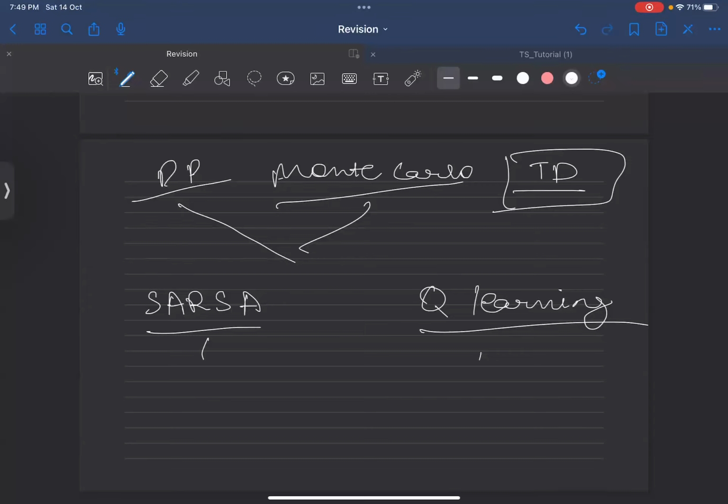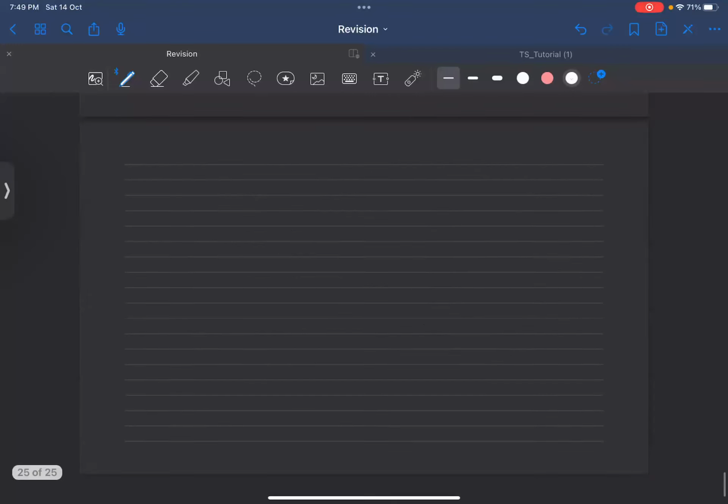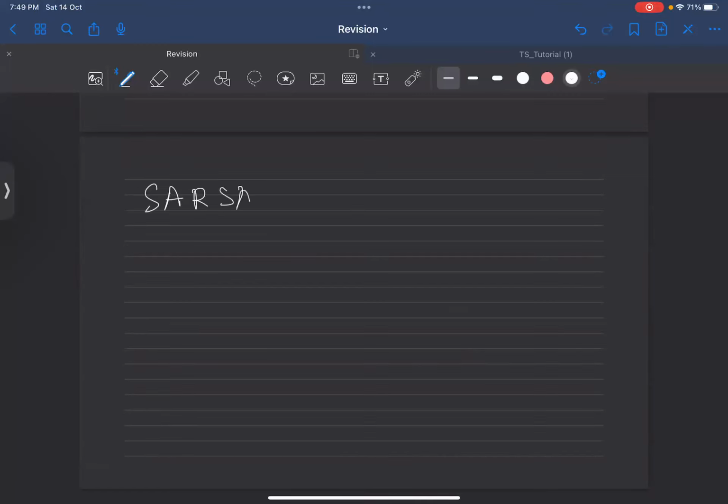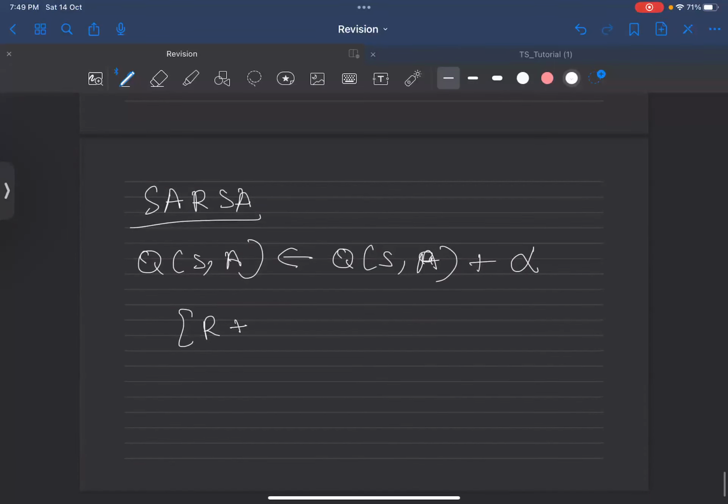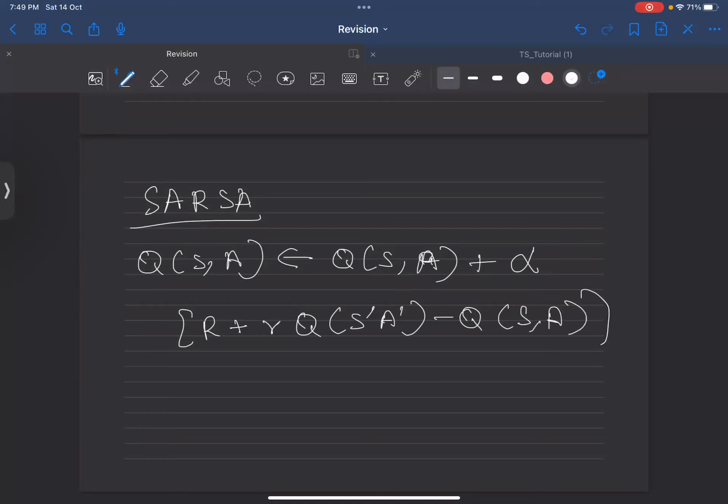I'll tell you. Okay, let's go into SARSA. What is the full form? State, action, reward, state, action, on policy. Basically, Q(S,A) is updated using the update rule which is used in SARSA.